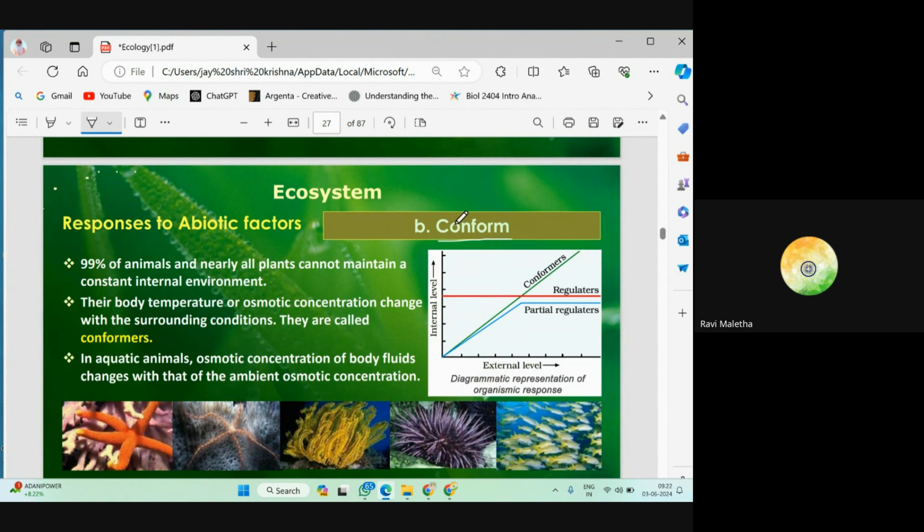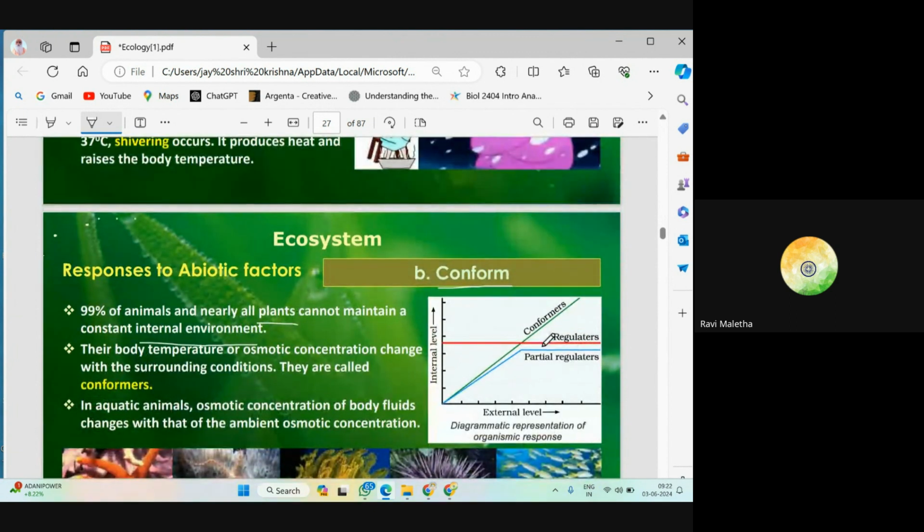Whenever there is some unfavorable condition, we will be sad, we will be irritated, and whenever there are some happy moments, we will be happy, we will be dancing. So most of the time we are conformers only. 99% of animals and nearly all plants cannot maintain a constant internal environment.